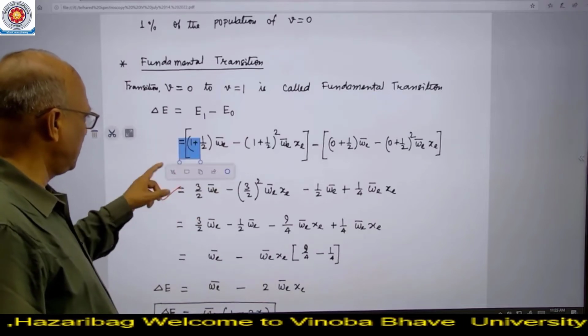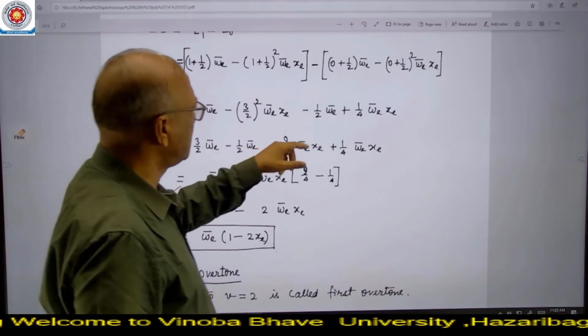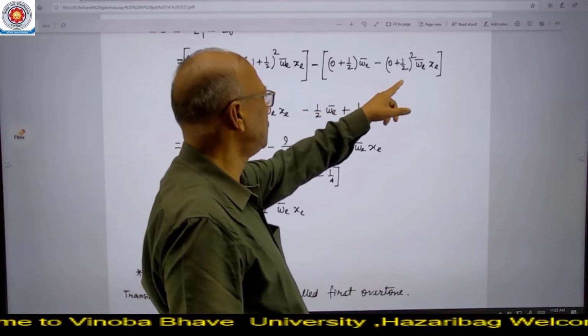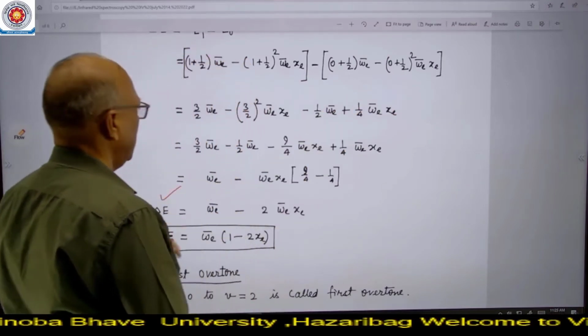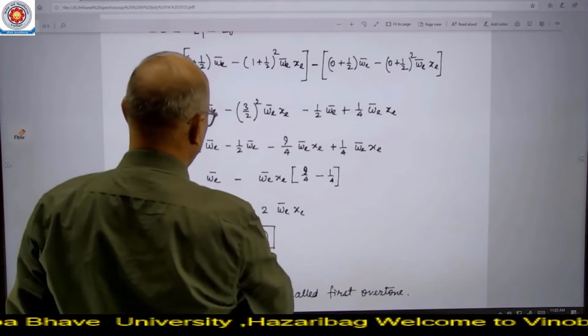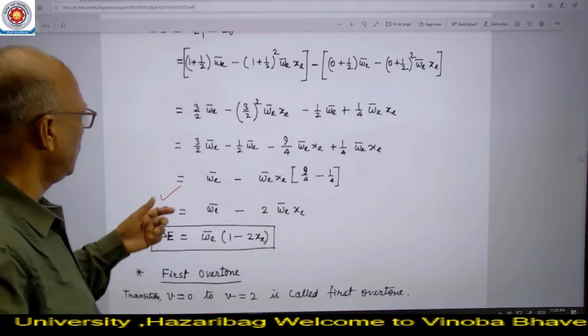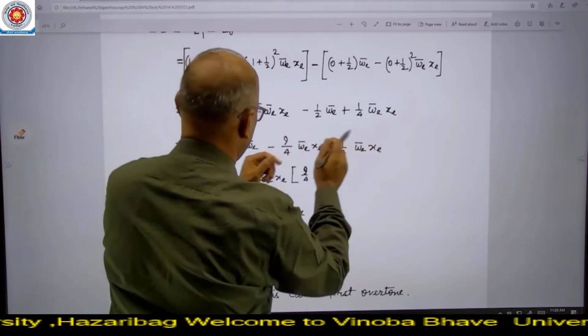So this becomes 3 by 2 and this becomes 3 by 2 whole square. This becomes half and this becomes half whole square, which is 1 by 4, and this becomes 9 by 4. So we combine the similar terms. These two terms are taken together and these two terms are taken together.